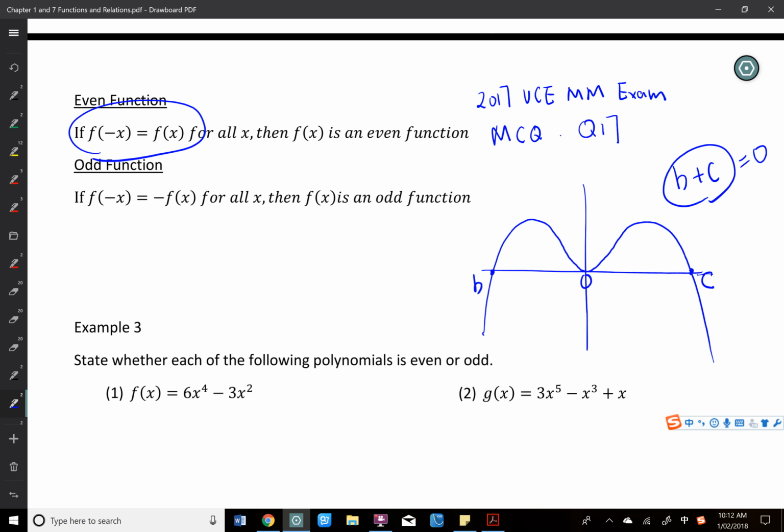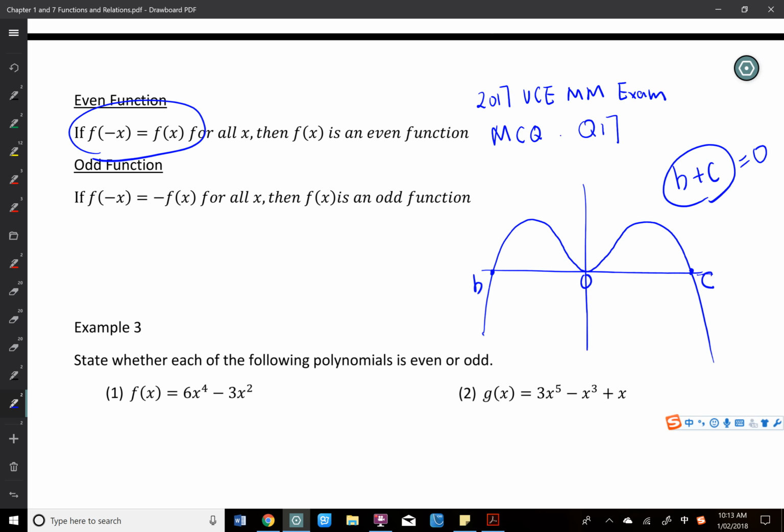So in that question, we use that fact. There are 5 options, and the correct answer really looks weird because it says integral from a point to b plus c. You think, that's definitely wrong. Most of the students directly cross out that answer. But it's an even function. The two x-intercepts must be symmetrical. You add them, that must be 0.